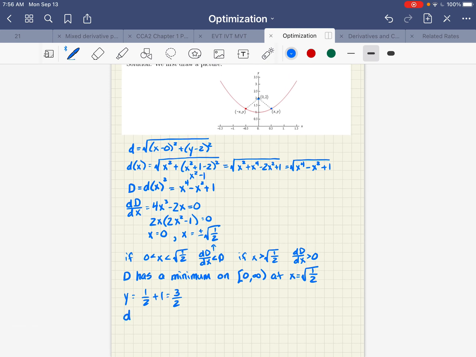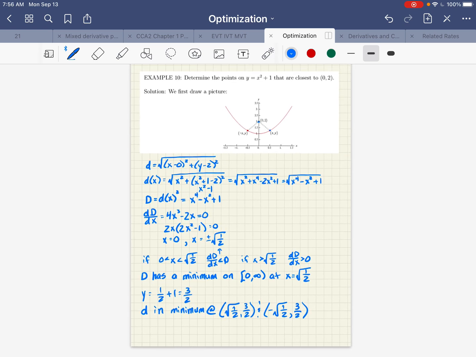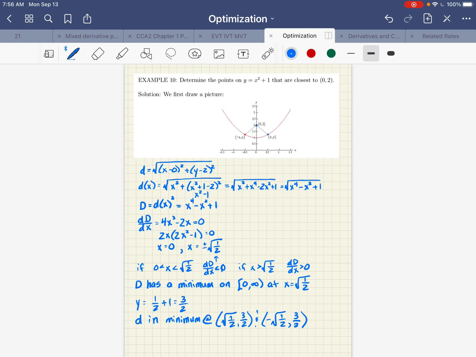So distance is minimum at square root of 1/2, 3/2, and negative square root of 1/2, 3/2. And then I've answered the question, which is determine the points that are closest to 0, 2, and those 2 points with the symmetry. Okay, I hope that helped.